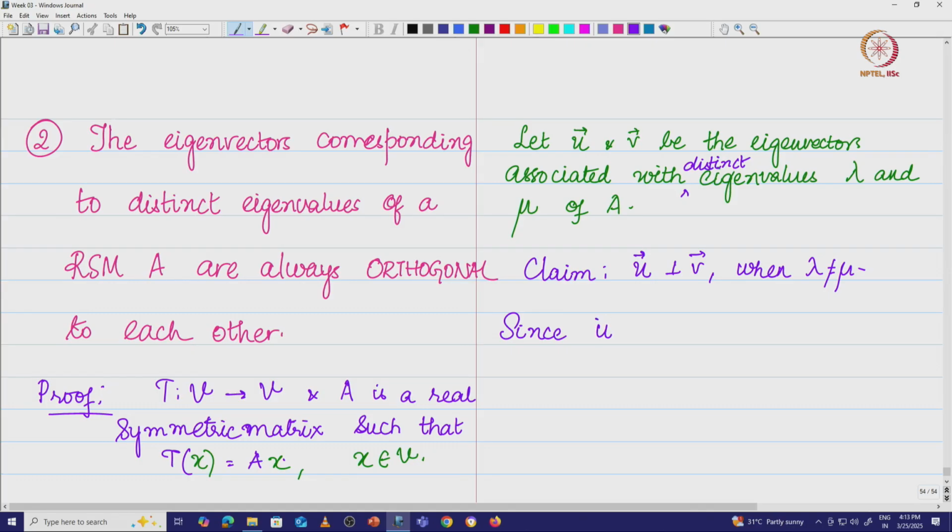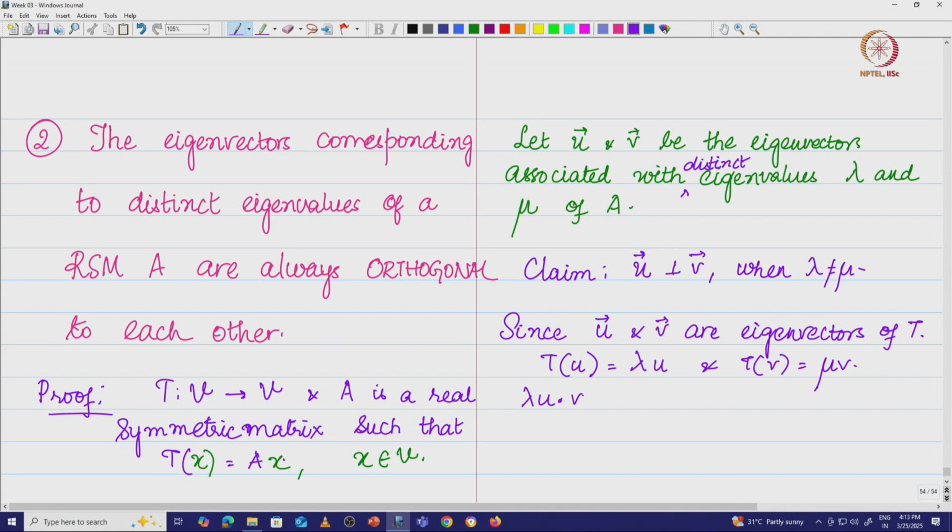Since u and v are eigenvectors of T, we have T of u is equal to lambda u and T of v is equal to mu v, right. So let us take the dot product. What is lambda u dot v?